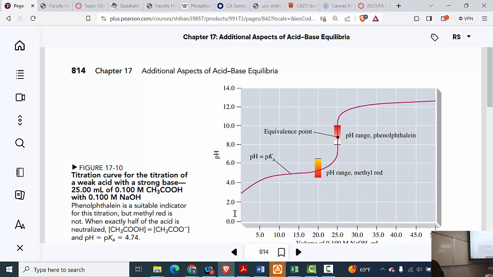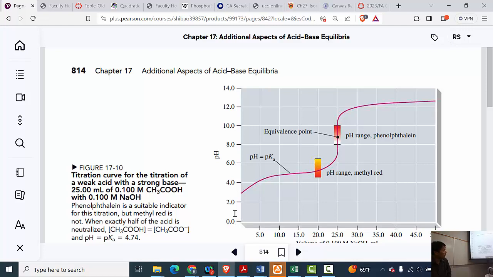But you don't have to do the calculation. When we have this type of titration, you should know that the pH is equal to pKa at the half equivalence point. We have a weak acid, strong base. And so you could do the calculation, but it's not absolutely necessary. On a test, you could just write the answer here.